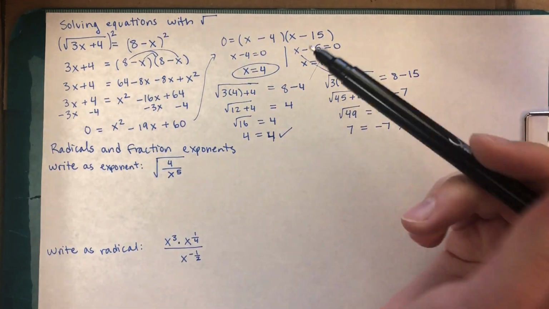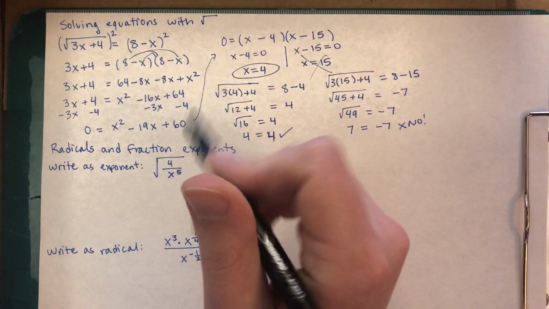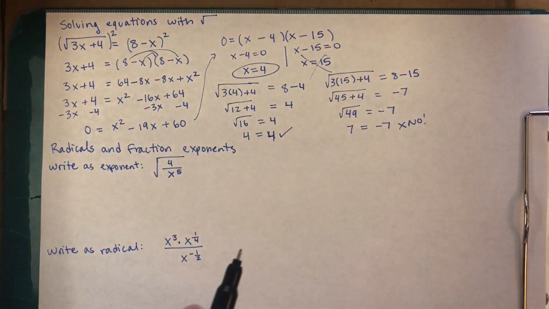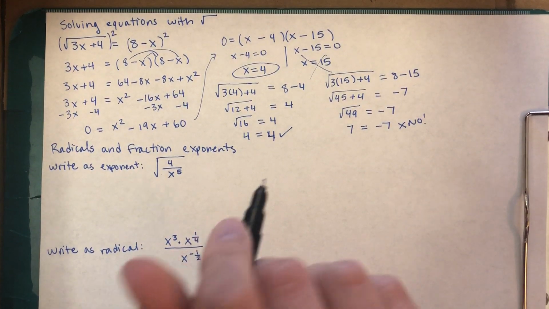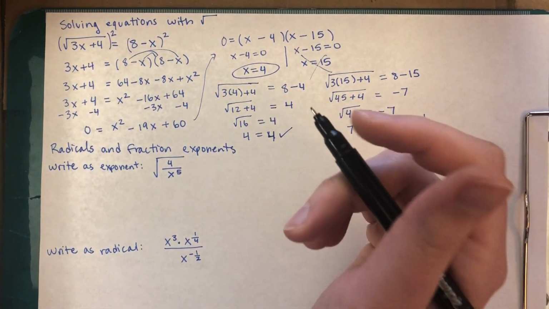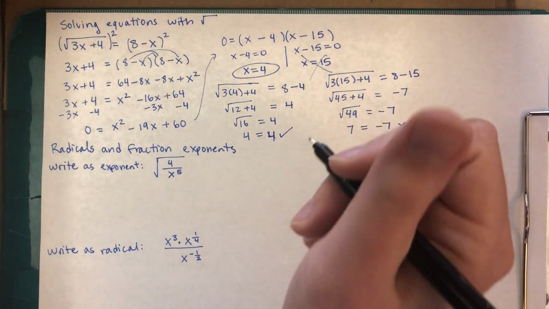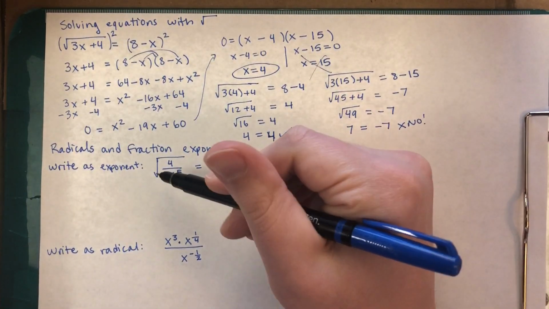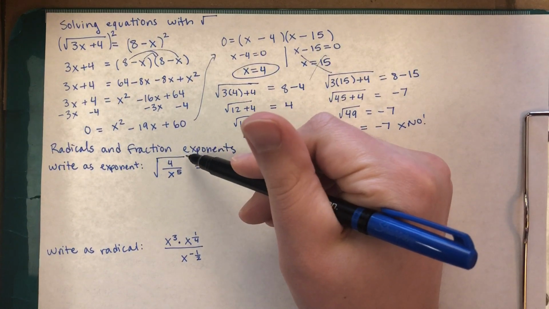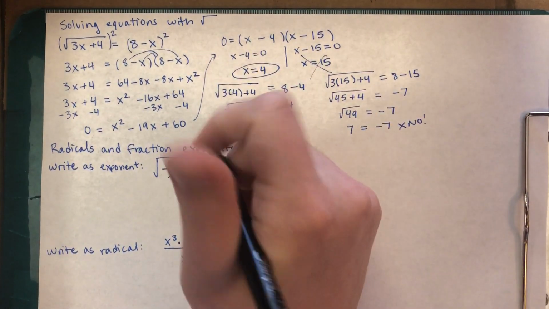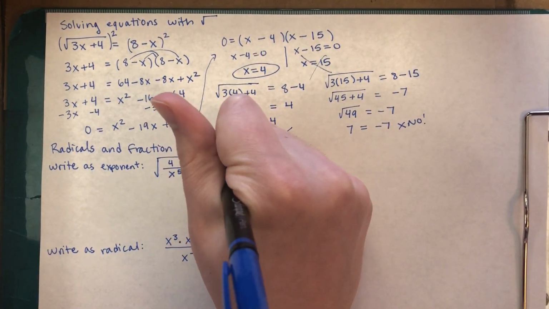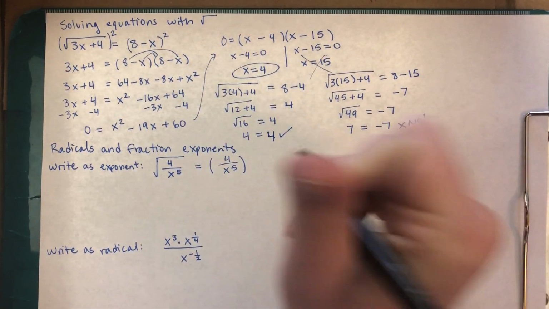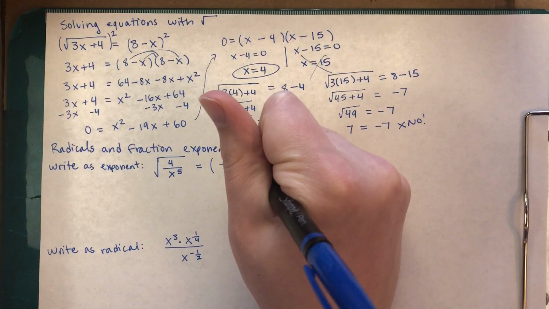Let's try to use some of the exponent rules to write this expression as something with a fractional exponent. You could do things in a few different ways. The first thing I'm going to notice is that when I have this square root, that's the same as to the 1/2 power.